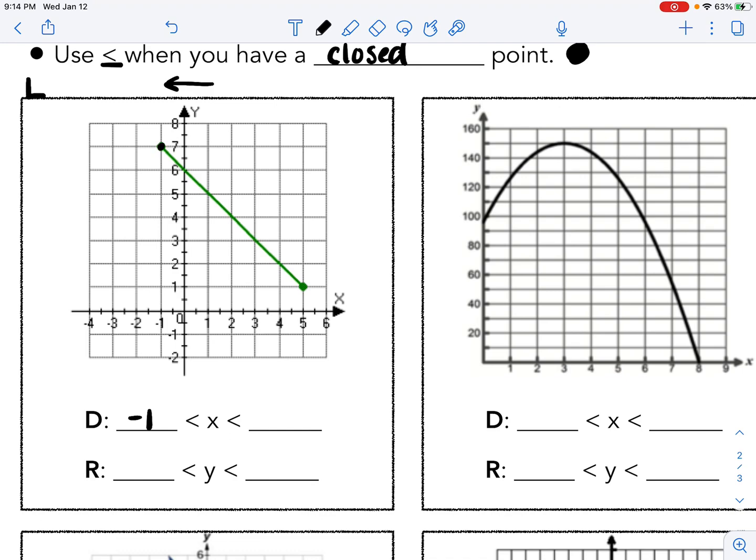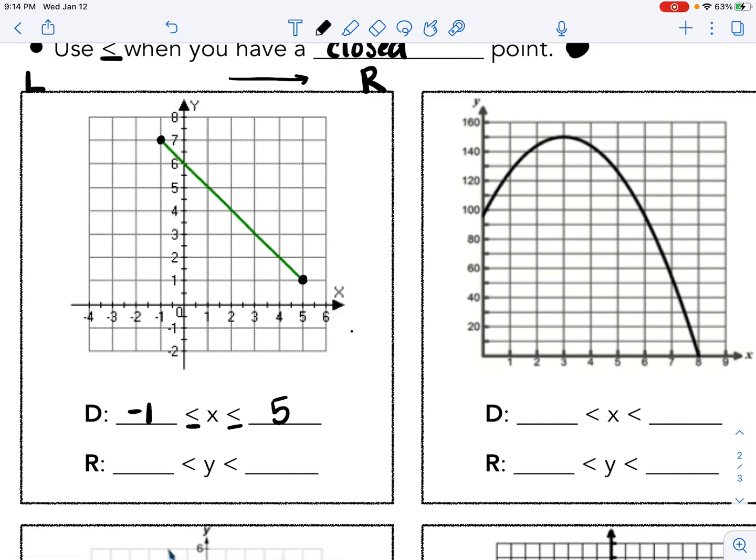It's at -1, and that dot is closed, which means we need the line underneath. Okay, then we're going to go ahead and go all the way to the right, which is going to be this bottom point over here. And the x value here is at 5. And again, it is a closed point. It's a closed circle, so we're going to draw a little line underneath.